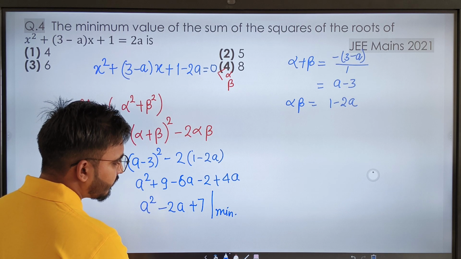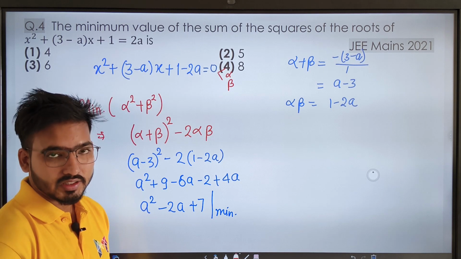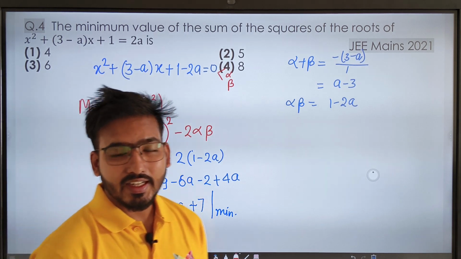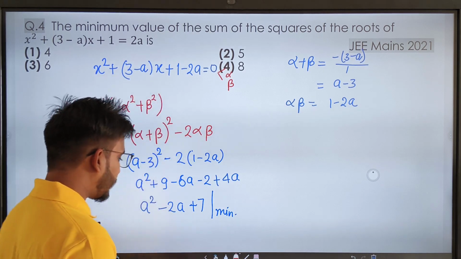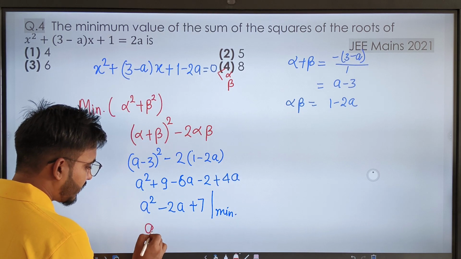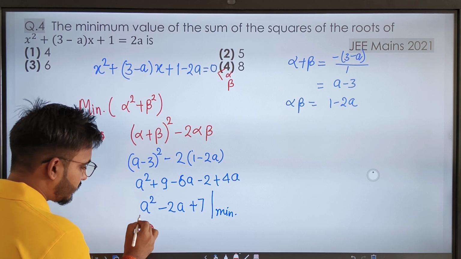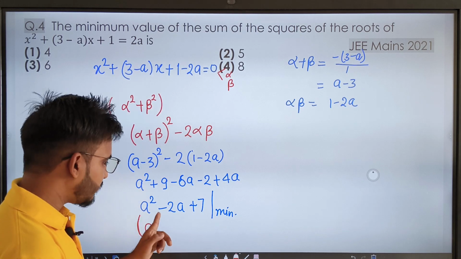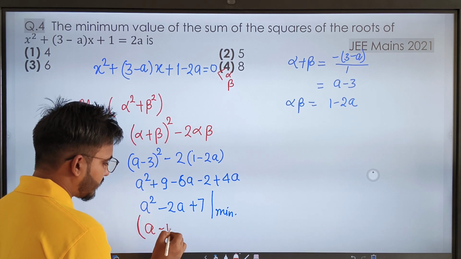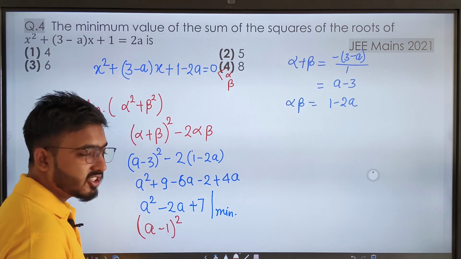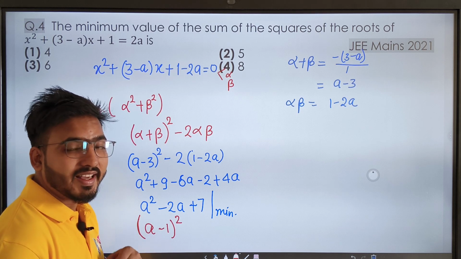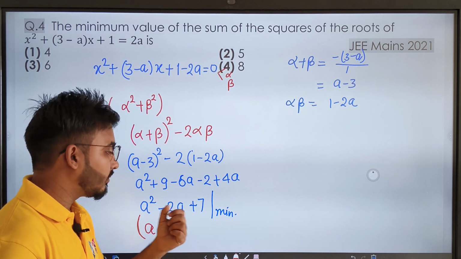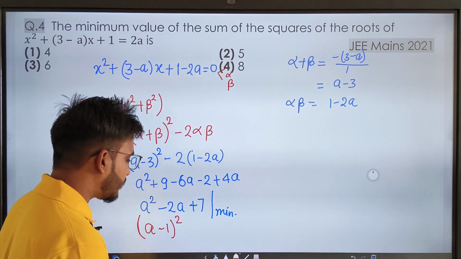To find the minimum value of any quadratic expression, try to express it in the form of a perfect square. So how can we write this as a perfect square? Very simple. We learned in class 8: a, and then half of the coefficient, so minus 1. When I do (a minus 1) whole square, it will give us a square minus 2a, but extra plus 1, which means I would subtract it.